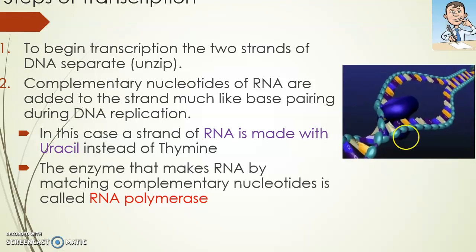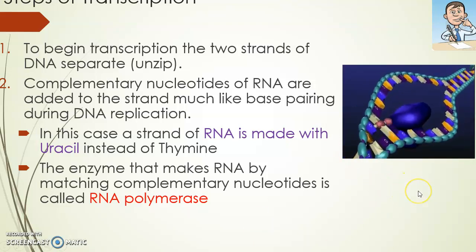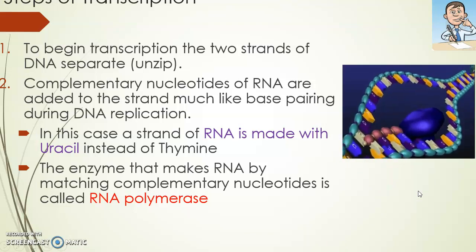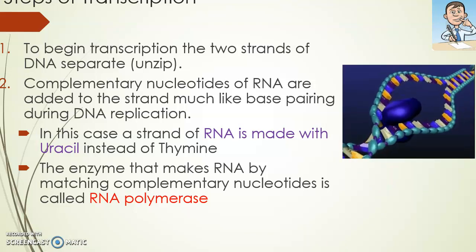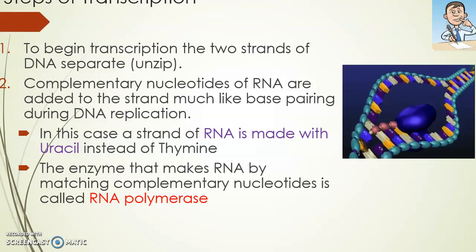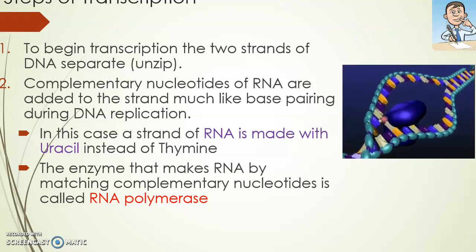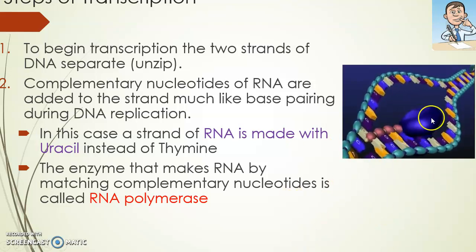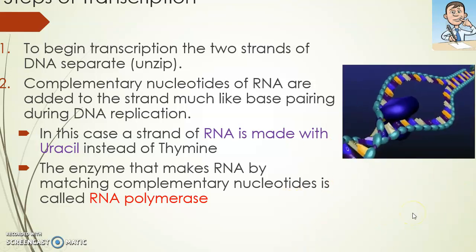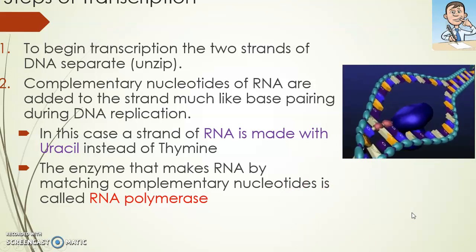The enzyme that's going to be involved in this entire process is called RNA polymerase. That makes sense because now in transcription, we're going DNA to RNA. So we have to use RNA polymerase, not DNA helicase, not DNA polymerase, but RNA polymerase.